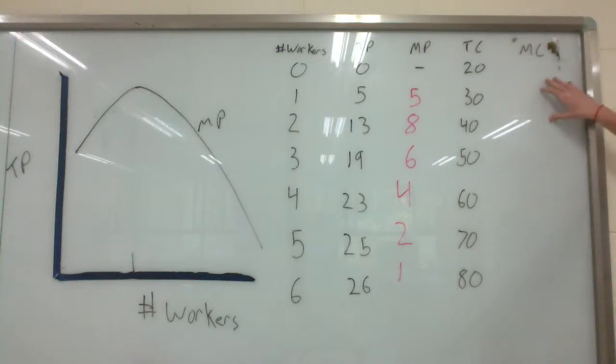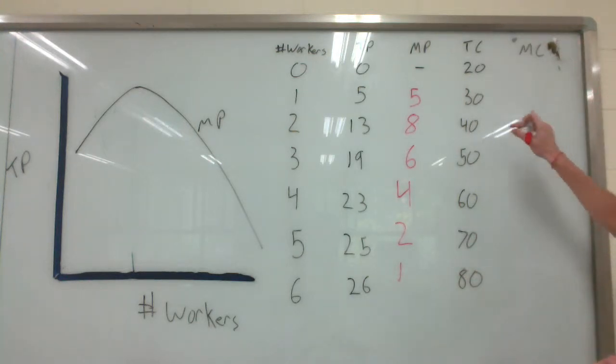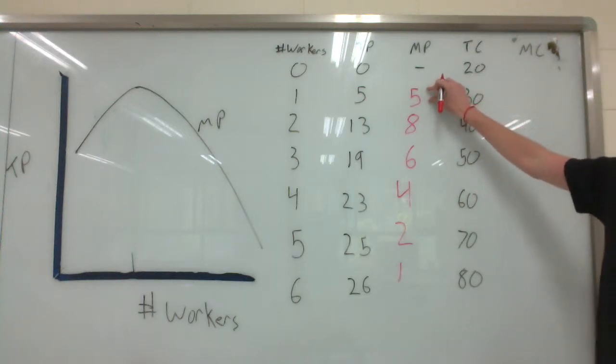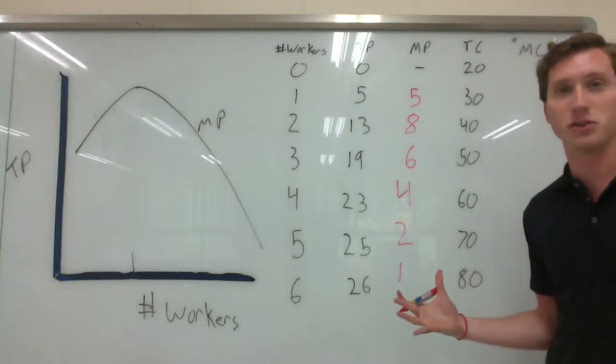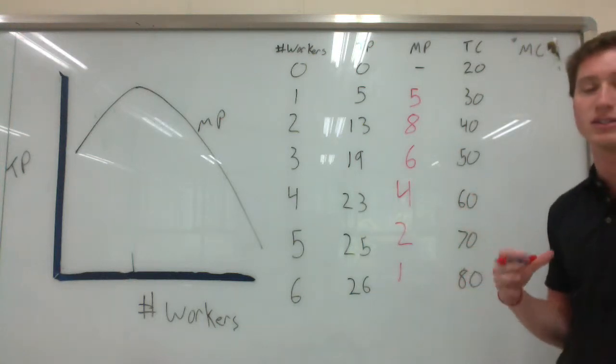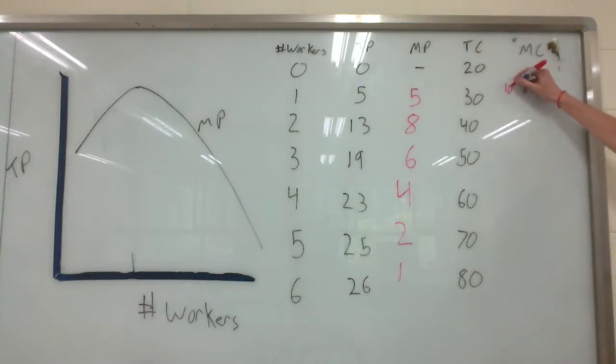When I'm calculating marginal cost, I'm going to divide the change in cost by the marginal product, to show the cost of that individual unit of product. So the change in total cost was 10, divided by 5, which equals 2.